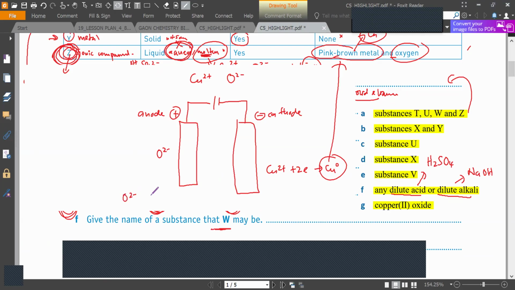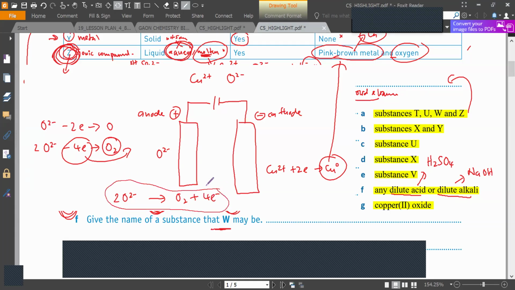The oxide ion loses electrons: one O2 minus loses 2 electrons, so 2 O2 minus lose 4 electrons to form O2. So we have 2 O2 minus giving oxygen plus 4 electrons. That's how we get oxygen on the other side.